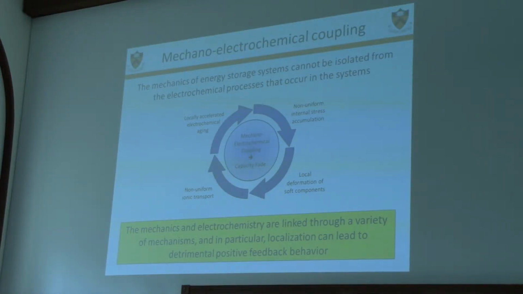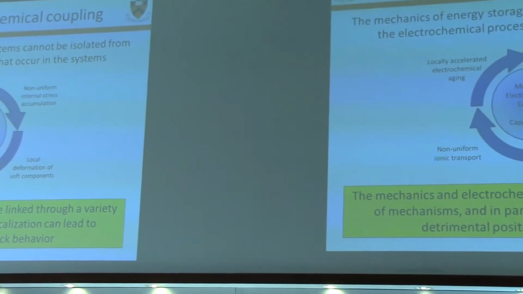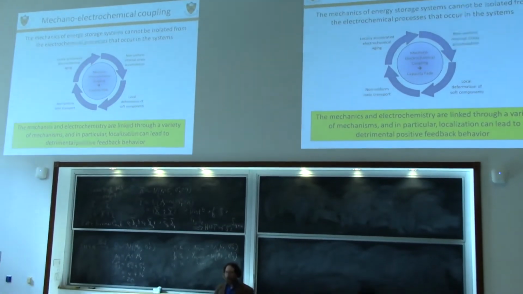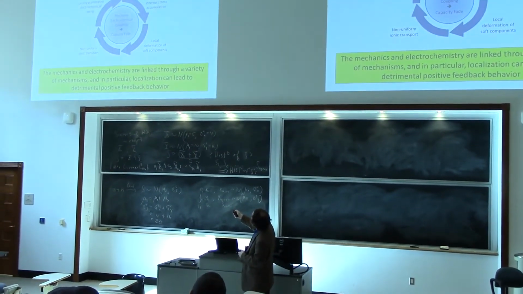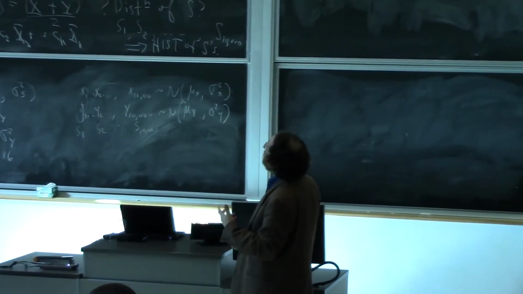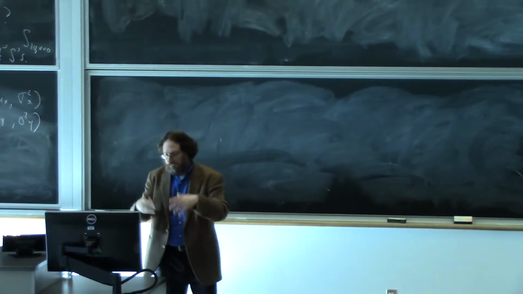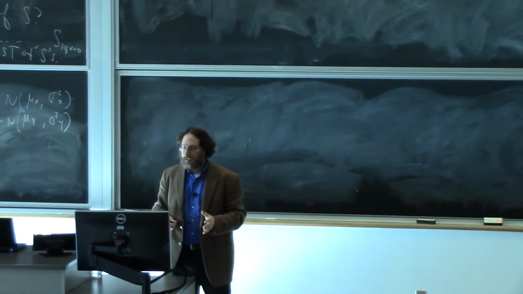What I told you about in this talk really is a story about positive feedback and a story about coupling. Okay, I told you a story about how mechanics can lead to plating in a system, and that you can't really think of batteries as being simply electrochemical or simply mechanical or simply thermal devices.